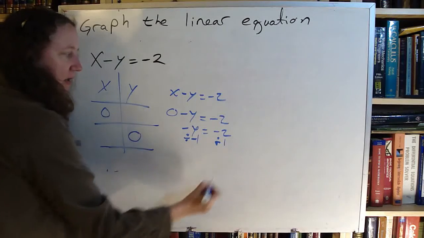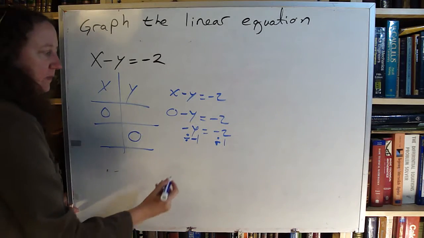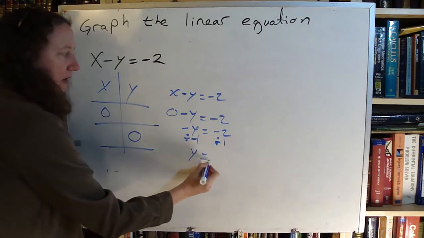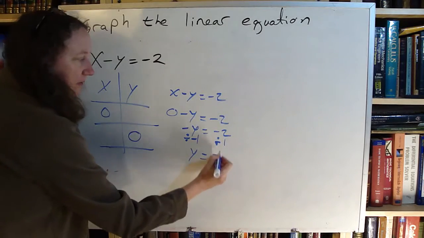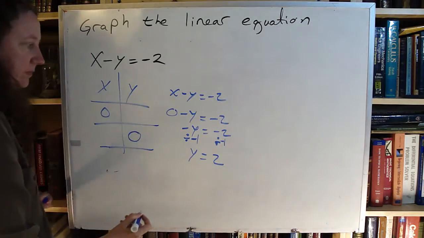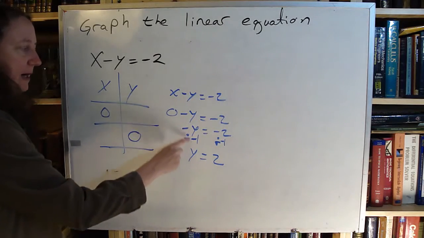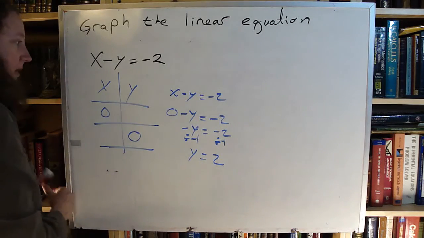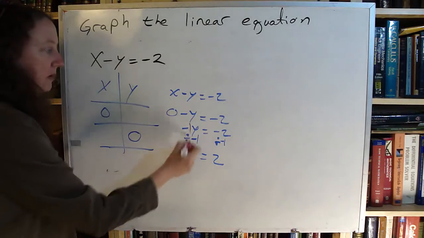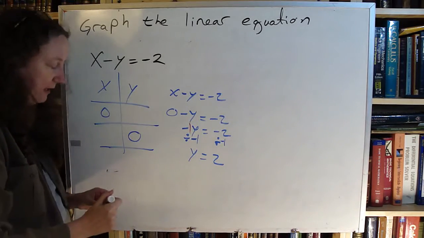Divide by negative 1 gives me y is positive 2. And I'm allowed to divide by the negative 1 there because I'm allowed to multiply by 1, and it doesn't change what I have there.